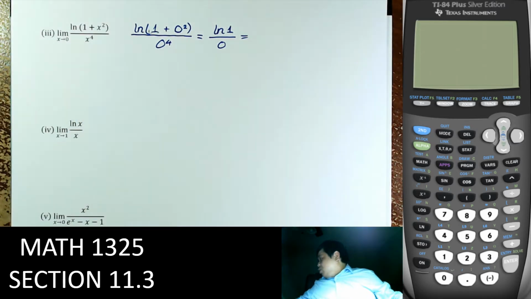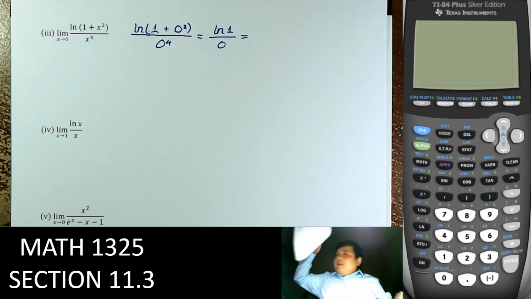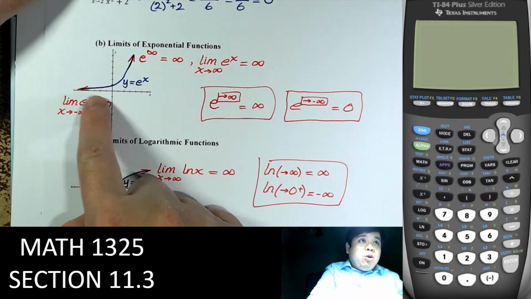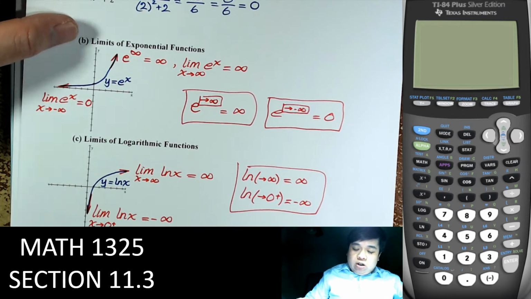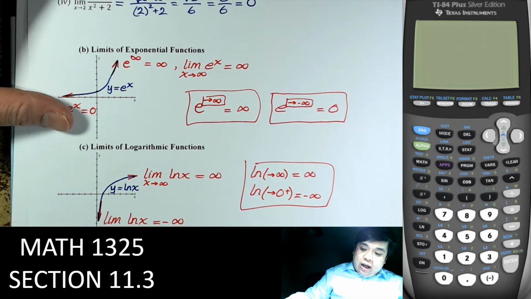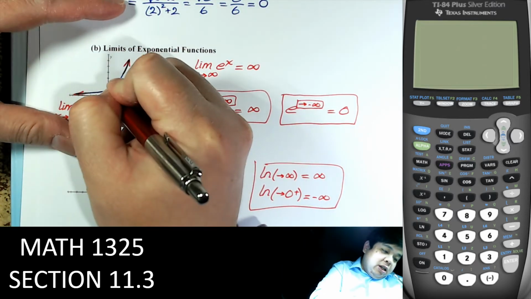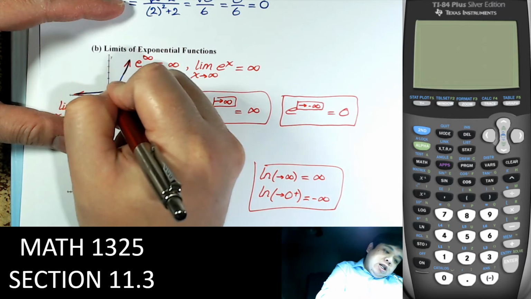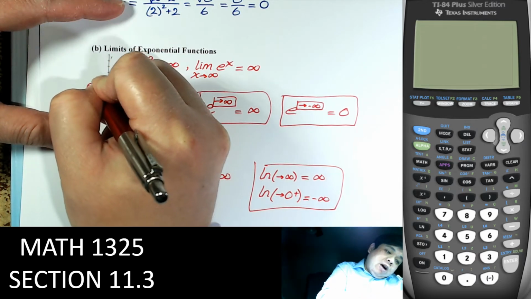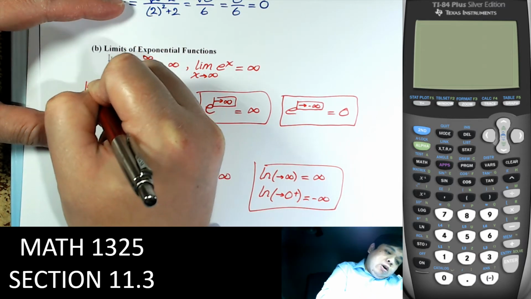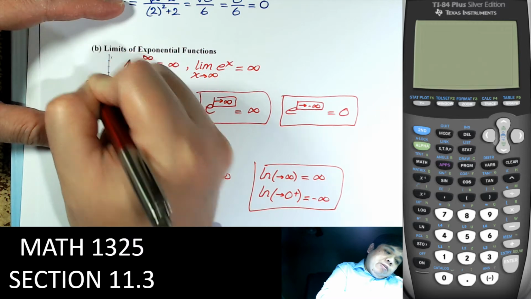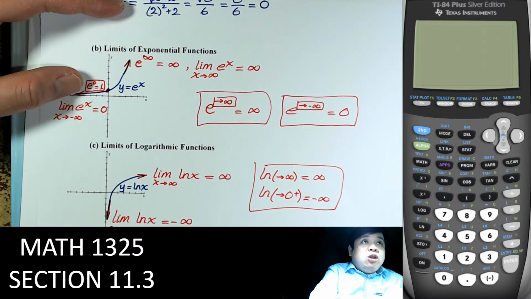I need to go back to the first page of this note. We have the exponential function and logarithmic function. There are two important things here. What we see is this special point: e to the 0 power is equal to 1. Anything raised to the 0 power is 1.